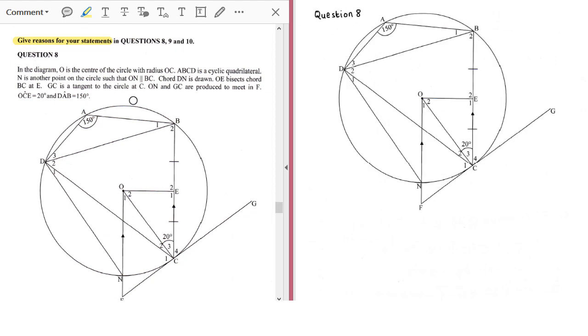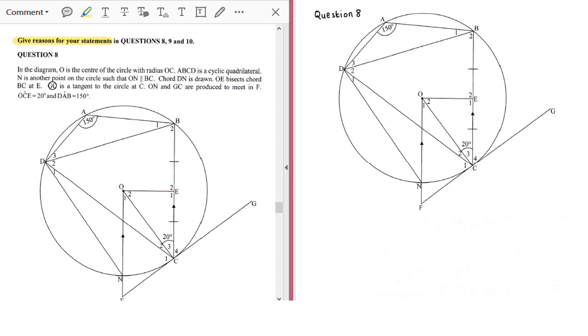We have that in the diagram below, O is the center of the circle with radius OC. ABCD is a cyclic quadrilateral, so just that figure over there is a cyclic quadrilateral.